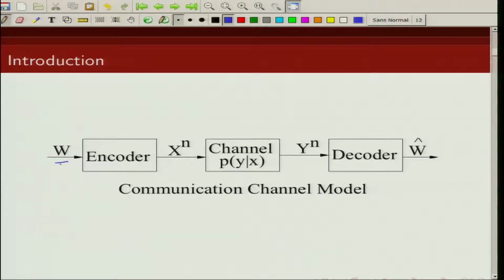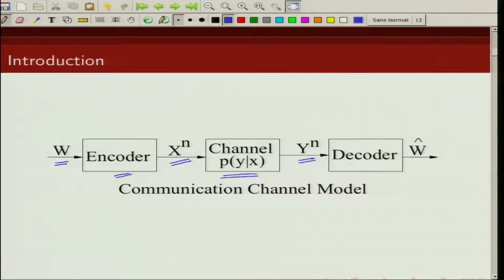So, W is our message that we want to send. It's encoded using this encoder, and X^n is our code word that is transmitted over a discrete memoryless channel whose channel transition probabilities are given by probability of y given x.